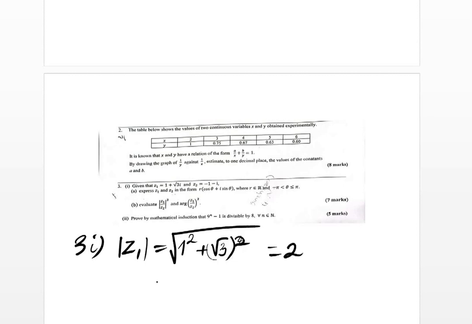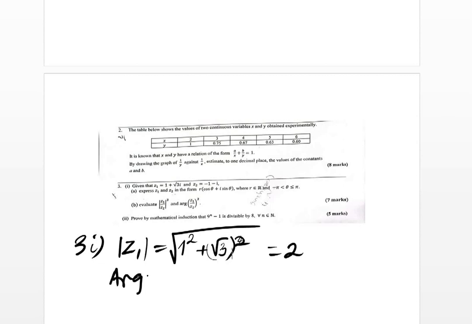Question 3, Roman 1. We are given some complex numbers, z1 and z2. We are asked to express z1 and z2 in the form r(cos theta plus i sin theta). Having that, we have our z1. r is the magnitude of z1, and the magnitude of z1 is the real component squared plus the imaginary component squared, all square root, which gives us 2.